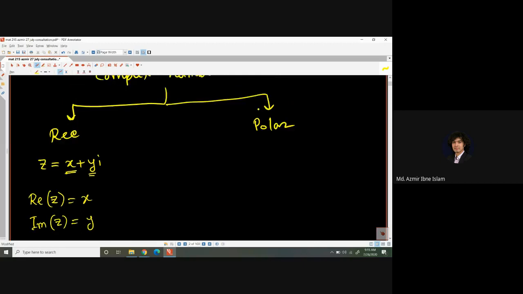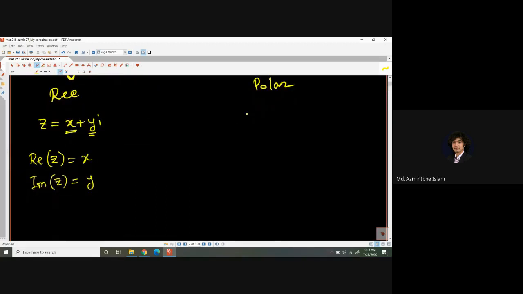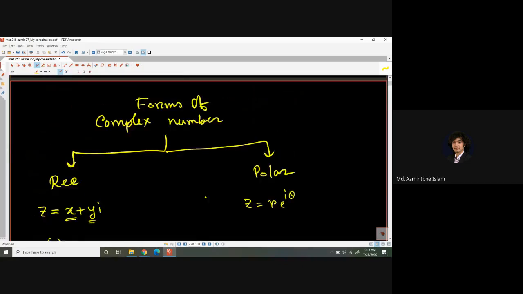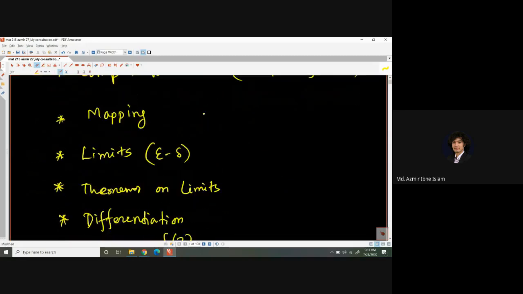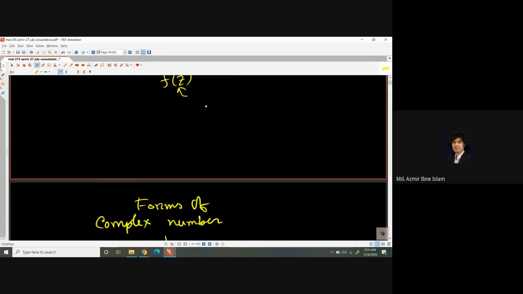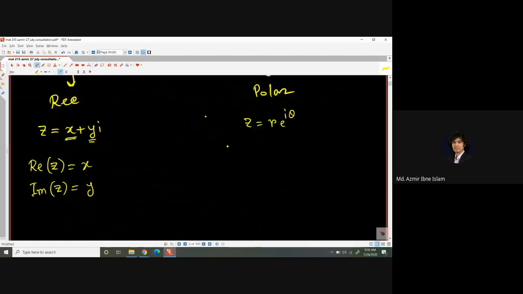Similarly, we can express any complex number in polar form. You already know z equals r e to the power i theta. Since this is the beginning of this session, I'm trying to recall all these things first. Otherwise, there may be some problem when I move to mapping or limits or differentiation. This is the polar form, where r is the modulus, the distance from the origin to the complex number.